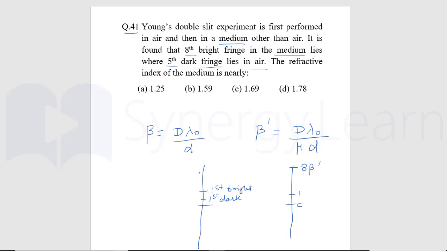Whereas this is the 5th dark. So for the 5th dark, to first dark we have 4 beta and additional first dark to central beta by 2. So we have 4.5 beta equal to 8 beta dash.